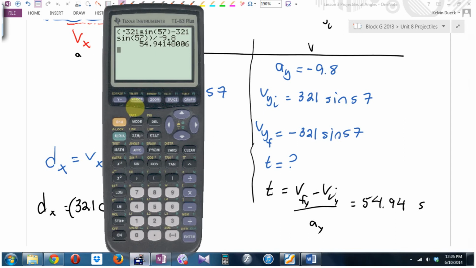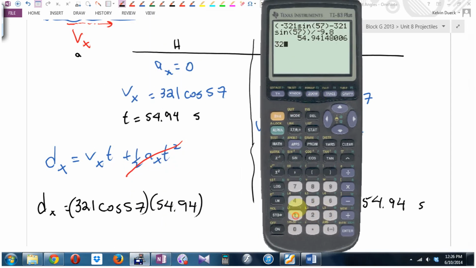It's going to be 321 cos 57 times the answer button. So that's if you really want to be fussy and accurate. Don't evaluate anything. Just write down what they are in terms of sine and cosine and type them in when you need them. Or you could have evaluated them like we did in the previous one to 4 or 5 sig figs. I have no problem which one you choose.